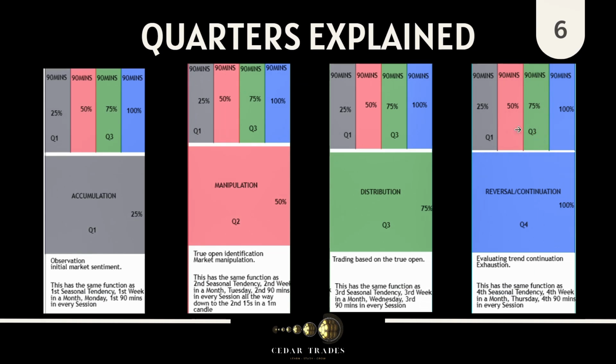Now, looking at this, the accumulation or your first quarter, your Monday, your Asian session, your first week, your first 3 months of the year, it's observation and initial market sentiment.